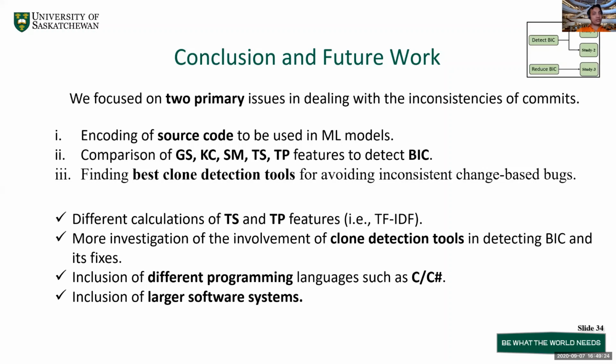I want to include more clone detection tools in these investigations, and also software systems of more sizes and different programming languages, as I only investigated C and Java-based software systems in this study. In future, I want to add different programming languages such as Python, C#, JavaScript, or other popular programming languages in this investigation.